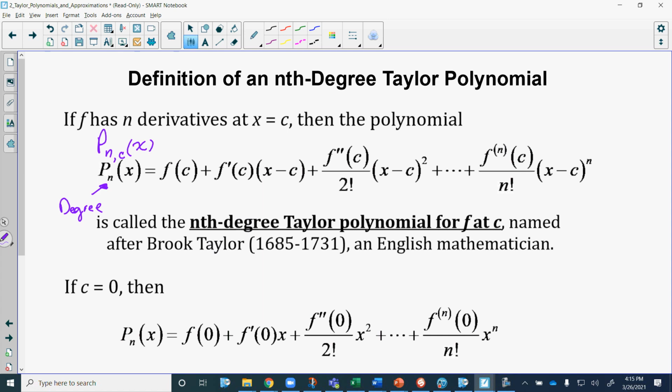In here, n is still the degree, but the c, or a, depending on what you're calling it, illustrates what the center of the polynomial is, without having to tell you specifically in a problem somewhere.